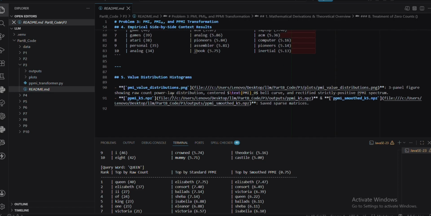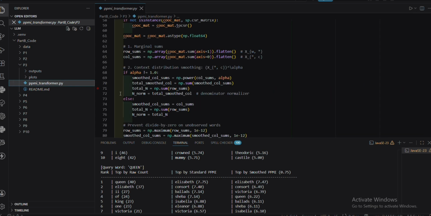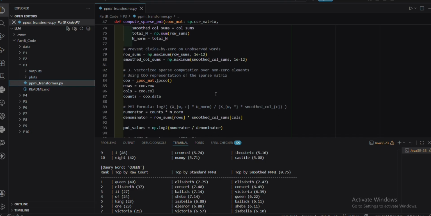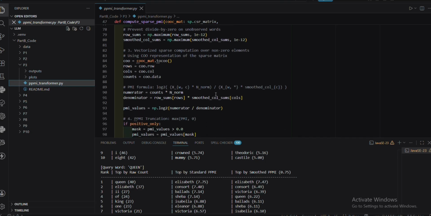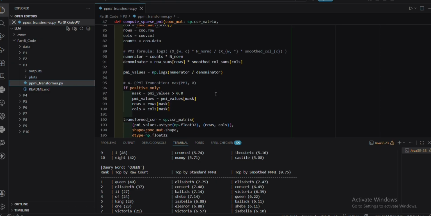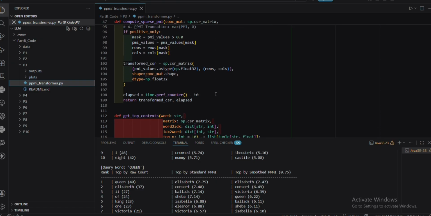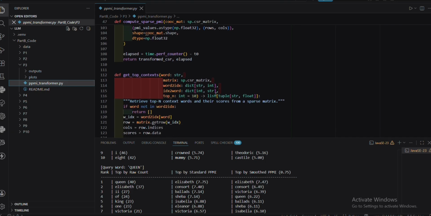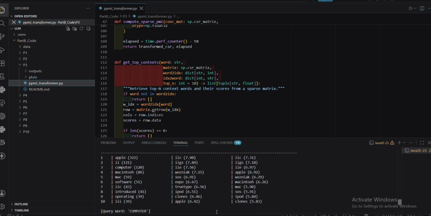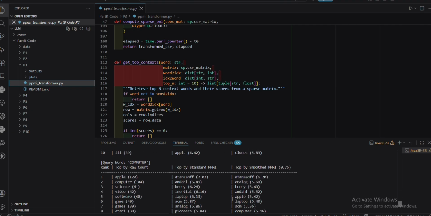The PMI value is calculated using the probability of the word and context occurring together divided by the product of the individual probabilities. A higher positive PMI value means the two words occur together more frequently than expected. A value close to zero means the occurrence is close to what we could expect by chance. A negative PMI value means that the two words occur together less frequently than expected.